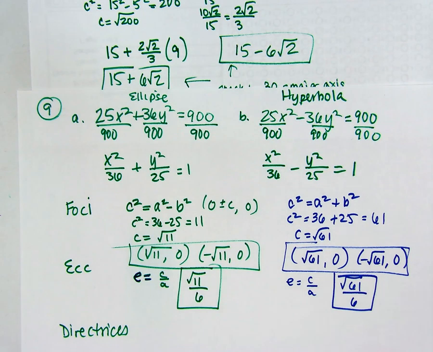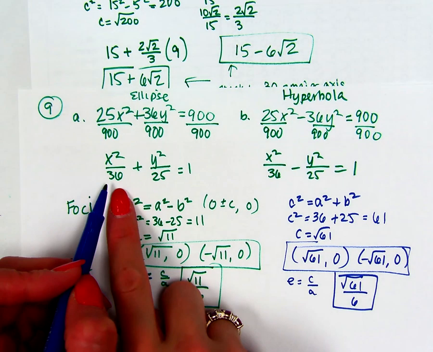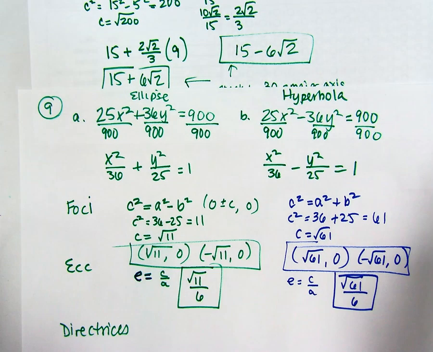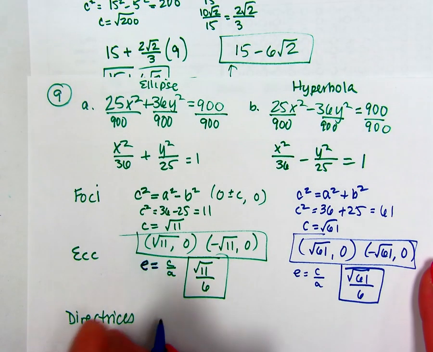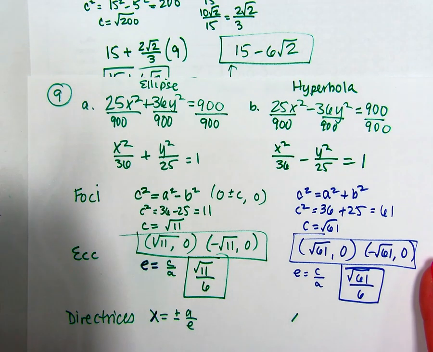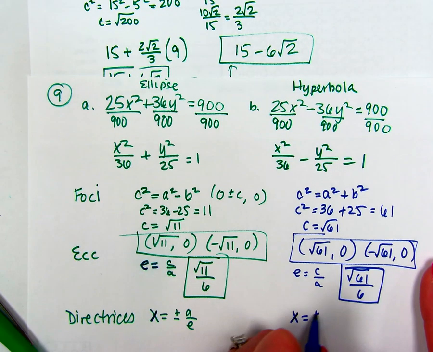All right, and then our directrices are going to be vertical lines because we're going along the x-axis. We're moving, so we're going to have lines that go up and down. These equations are plus or minus a over e.